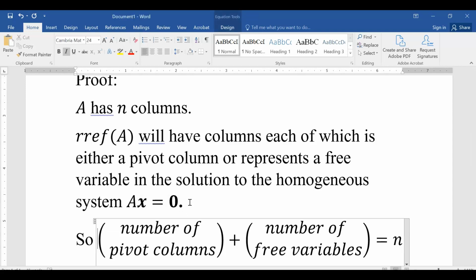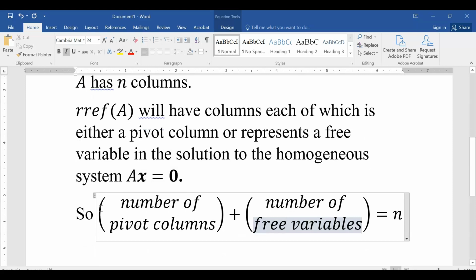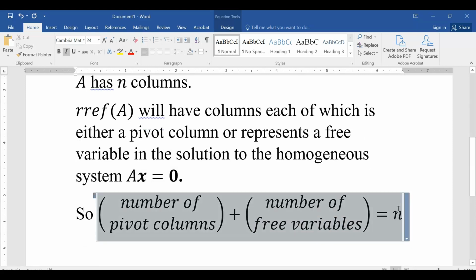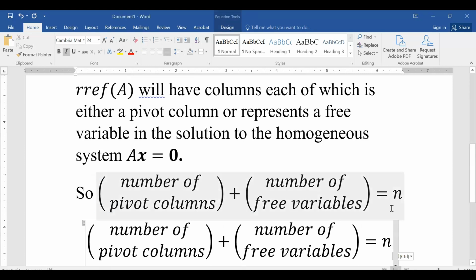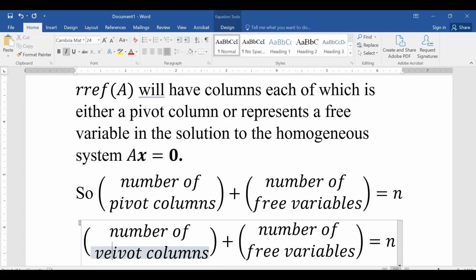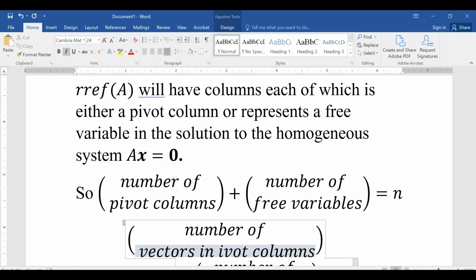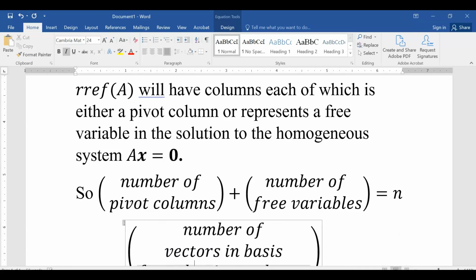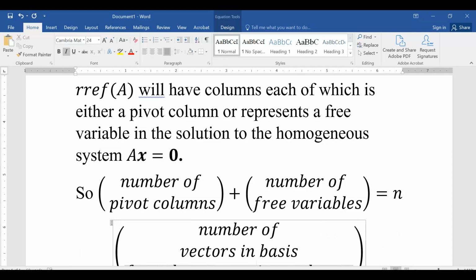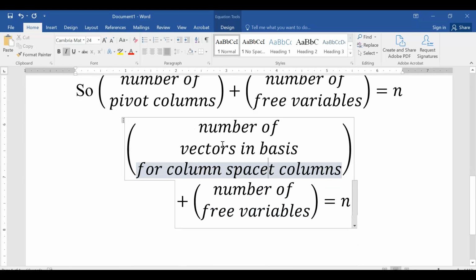All right. Therefore, since each column either represents a pivot column or free variables in the solution to that, well, what do we know about the number of pivot columns? Number of pivot columns is going to be the number of vectors in a basis for the column space.